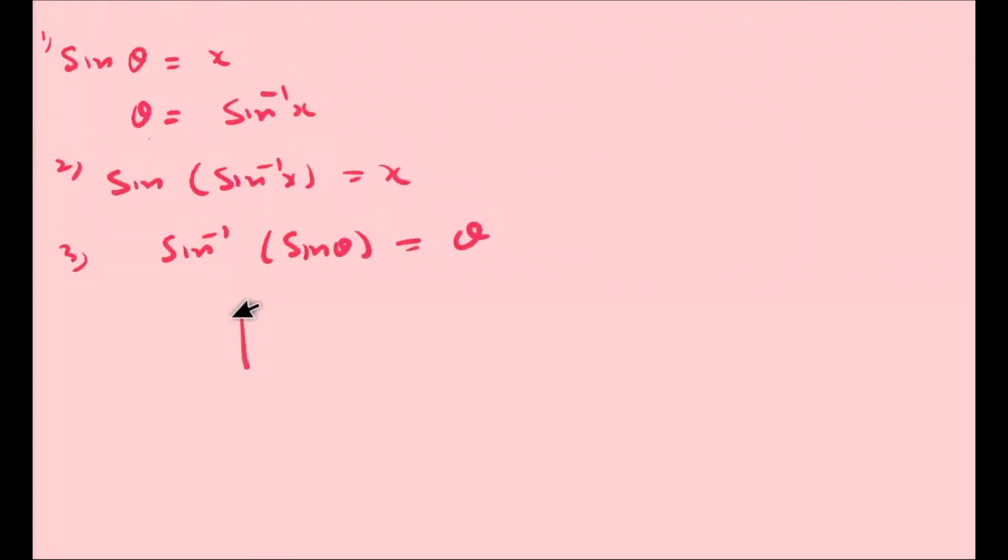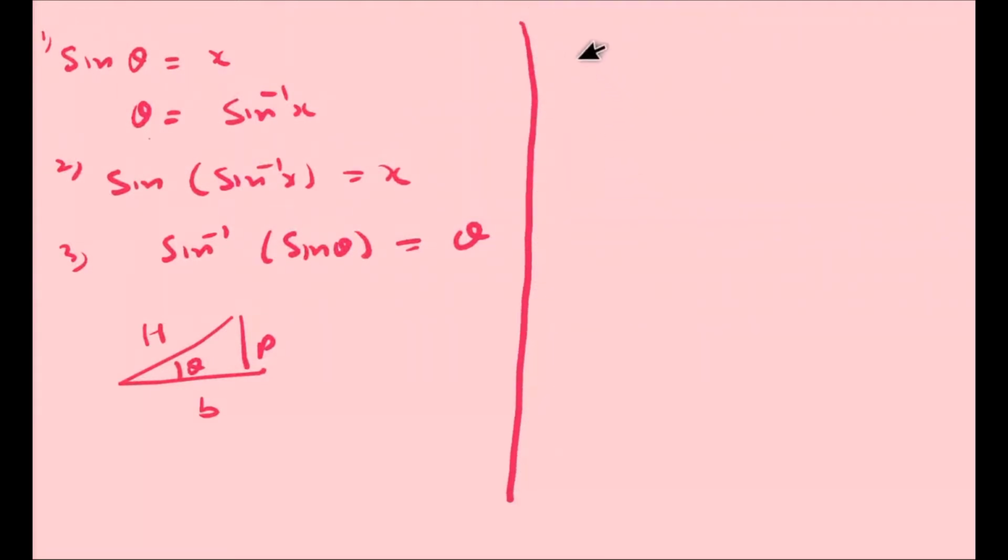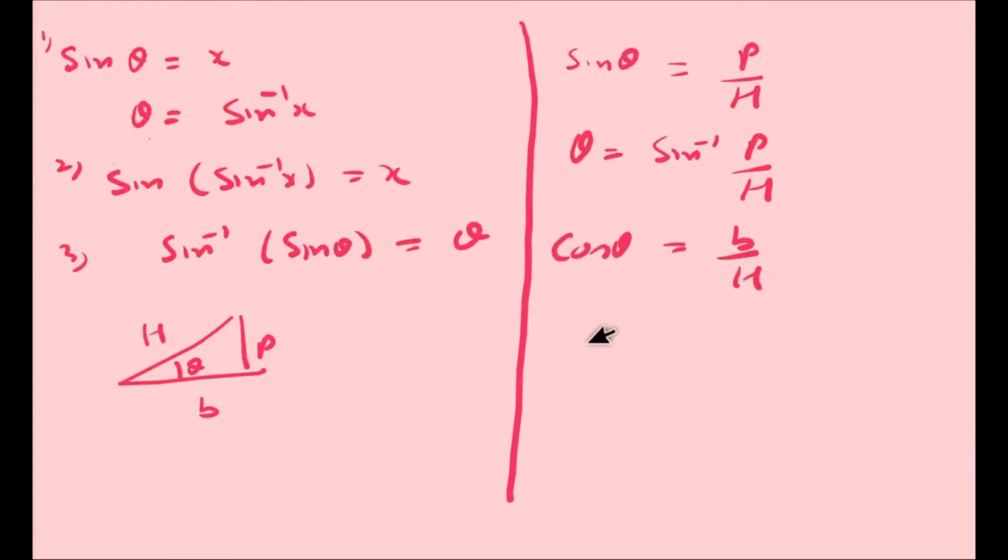Now in this triangle, let this angle be theta, this side is the perpendicular, then the base, then the hypotenuse. Now sine theta is the perpendicular upon hypotenuse. Therefore theta equals sine inverse perpendicular upon hypotenuse. Again, cos theta is base upon hypotenuse, and theta equals cos inverse base upon hypotenuse.